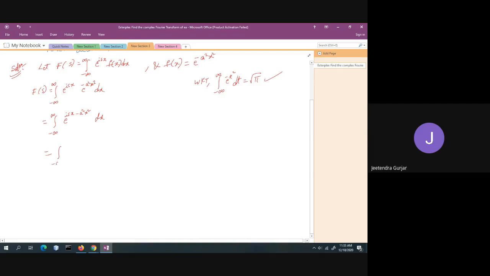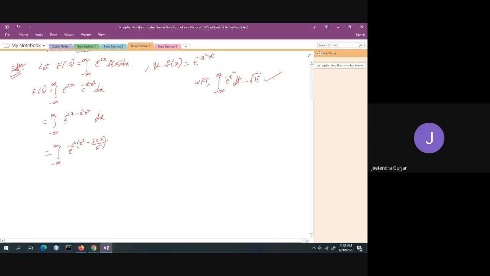So this will be integration from minus infinity to infinity e raised to minus a square, I will take outside, so that this will become x square. Minus into minus will be plus, this will become minus. So minus i s x upon a square.